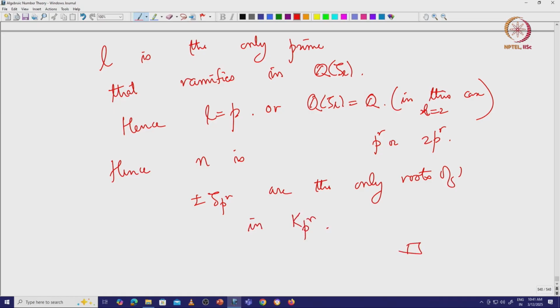Okay, so we have determined the discriminant, we have determined which primes ramify, and we have also determined what the ring of integers is, right. Now, of course, one can ask what can one say about the class number or ideal class group of Q(zeta_{p^n}), or more generally Q(zeta_n), and that is generally a very hard question.